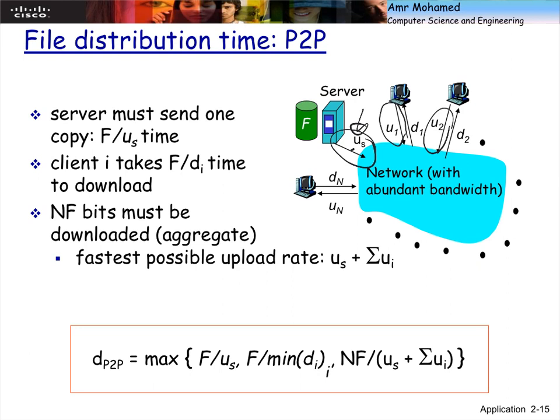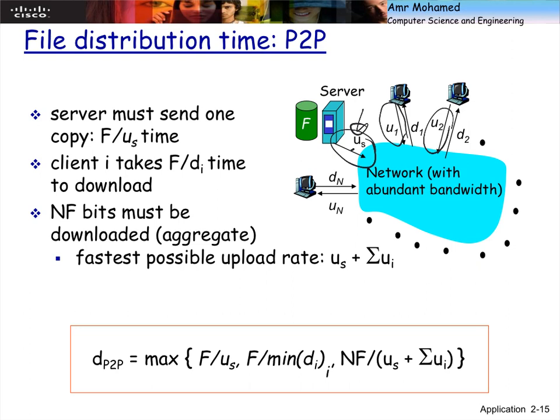Right? Each of the clients will have different parts of the file, and they can upload them to others concurrently. It's as if I have a system with a capacity of US plus U1 plus U2 plus U3 plus U4. Right?